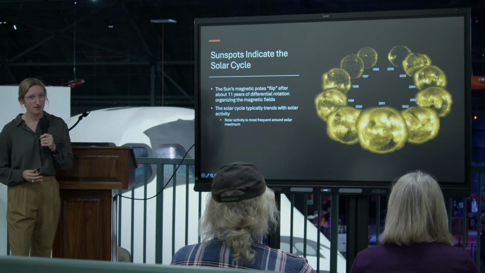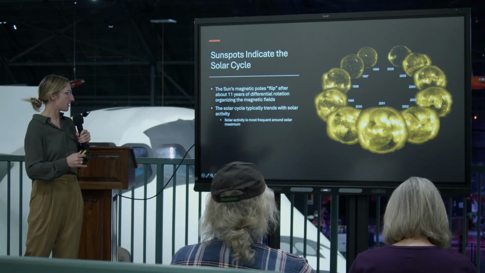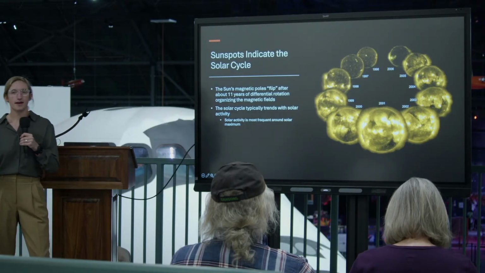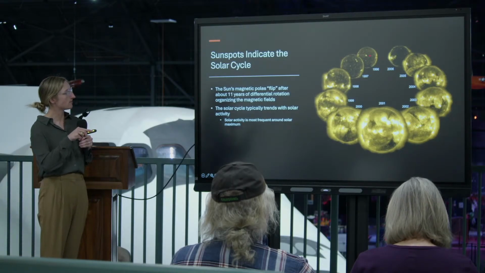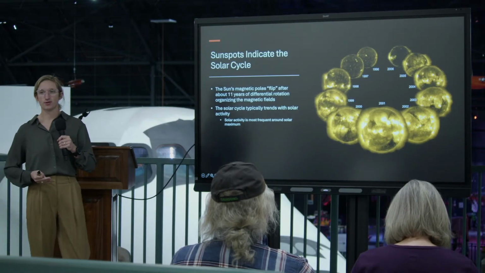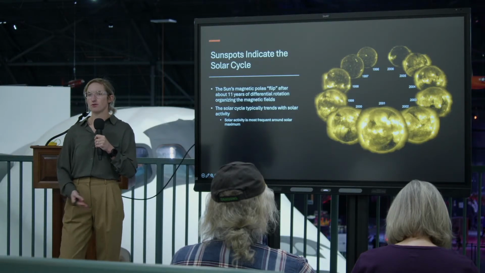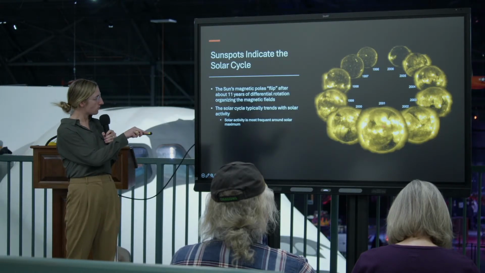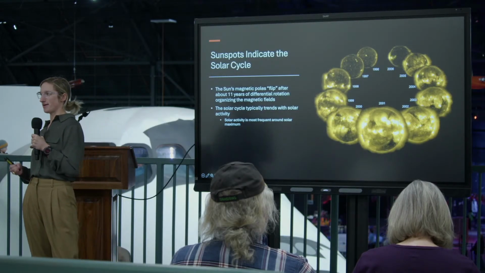The reason why we care about the solar cycle is because typically solar activity trends with the solar cycle. And that does intuitively make some sense, because at solar minimum, we really don't have that much stressed magnetic field. So if there's not much stressed magnetic field, there's not a lot of solar activity. Versus solar maximum, there's a lot of stressed magnetic field. There's a lot of energy stored in that magnetic field.